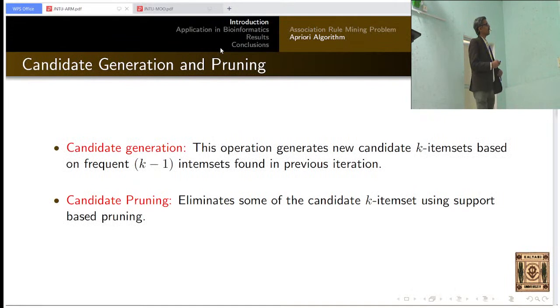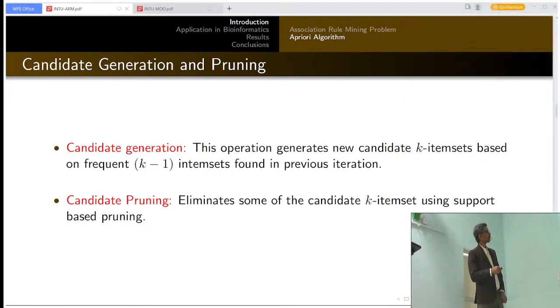So this candidate generation and pruning: in the Apriori algorithm, for candidate generation, basically we have already computed the frequent itemsets of size k minus 1. From the k minus 1 itemsets, we generate possible k itemsets.